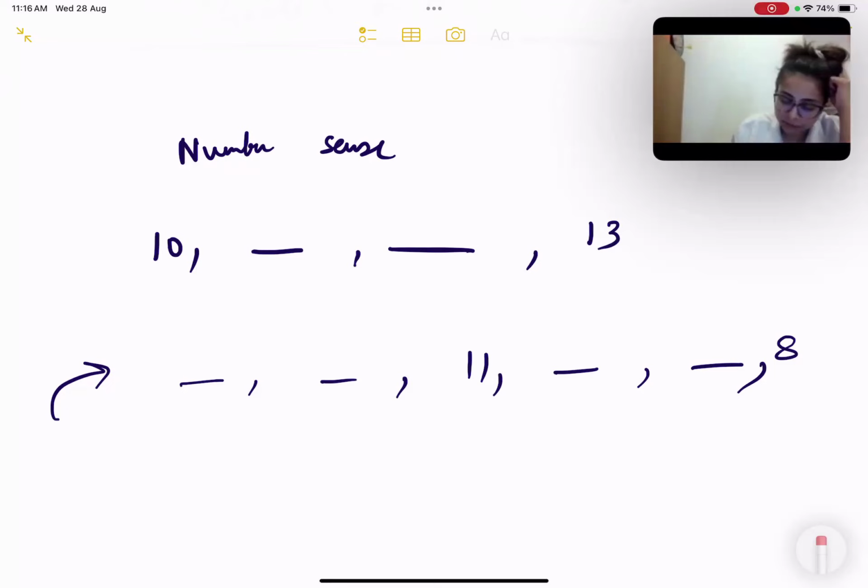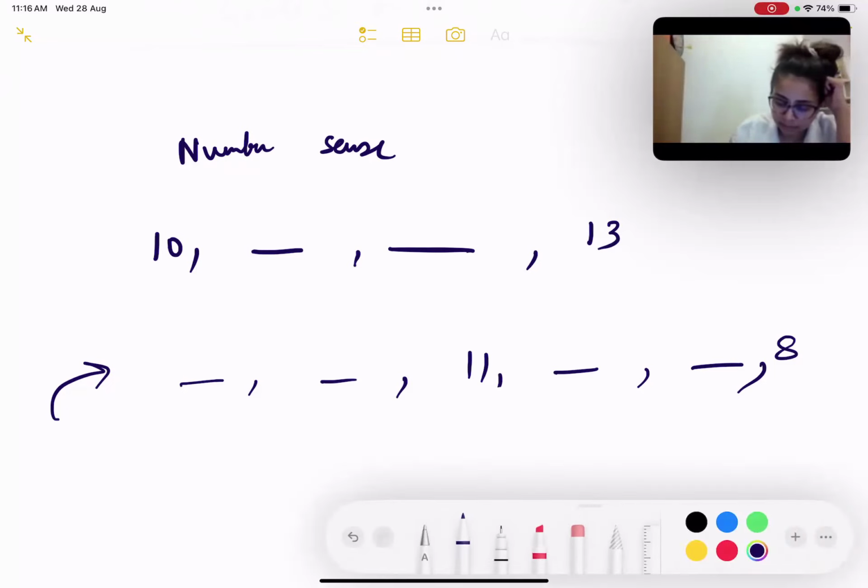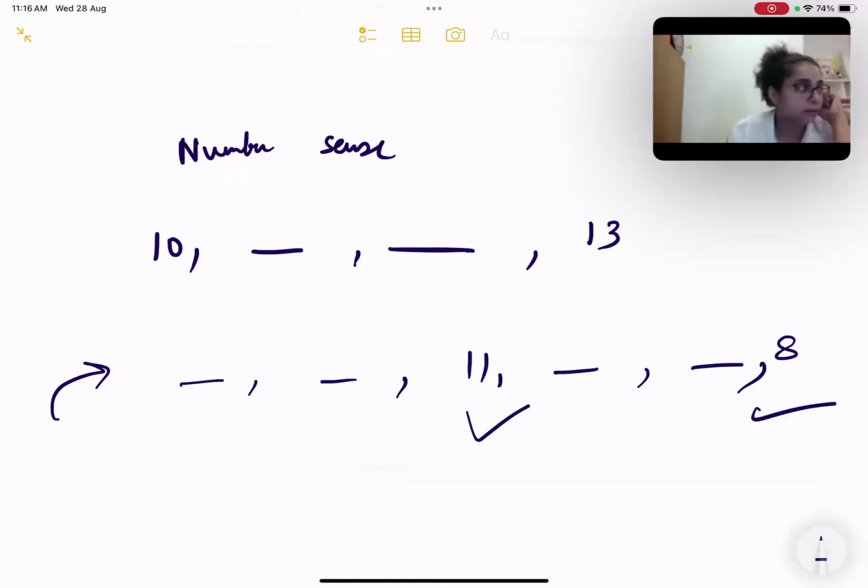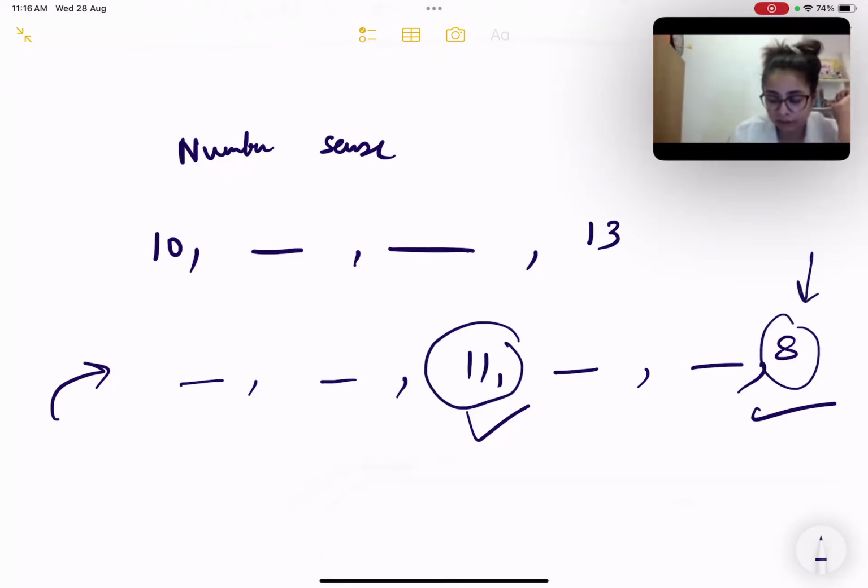Now, the first thing that will come to their mind is, okay, this is 11, this is 8. What is it? I just don't understand. So you have to ask them, is it in increasing order or decreasing order? So 11 and 8, the number is ending with 8. So definitely we are moving from a higher number to a lower number, okay? Which means it is in decreasing order.